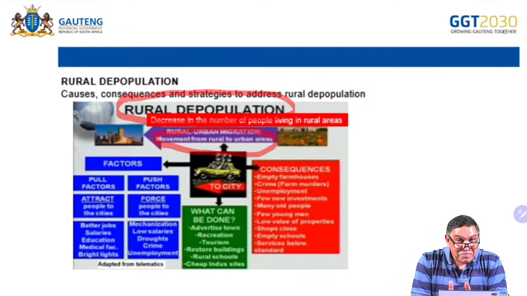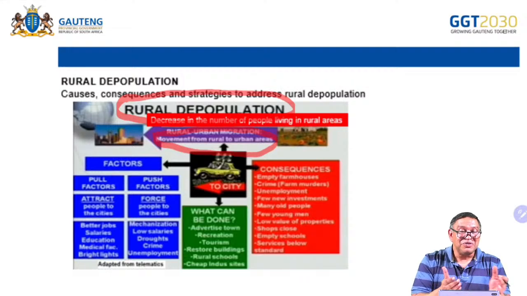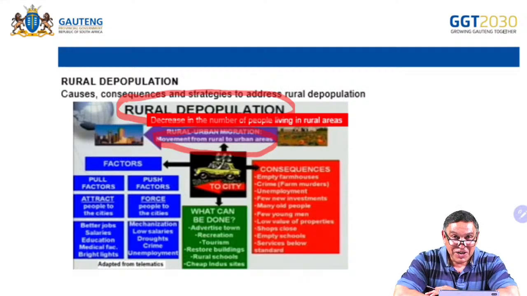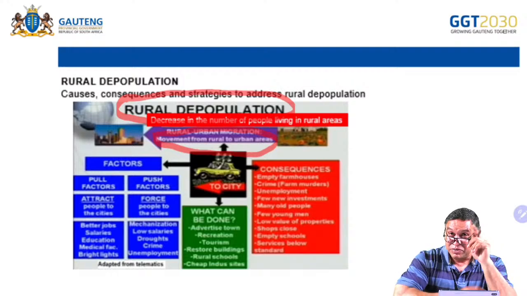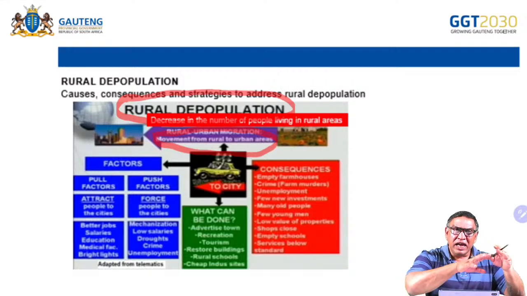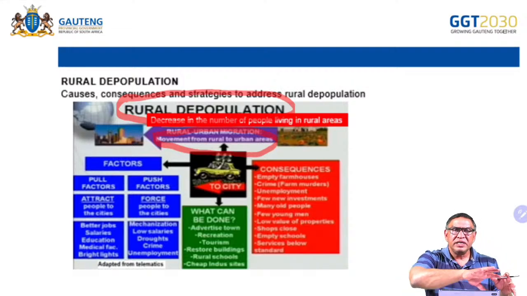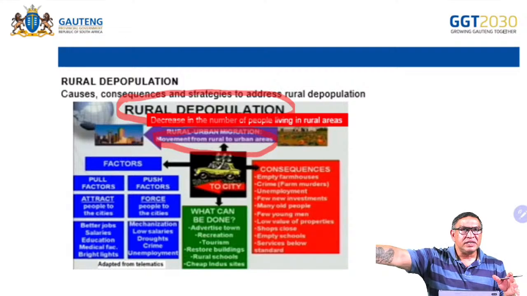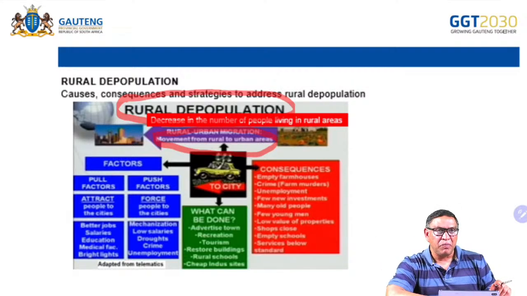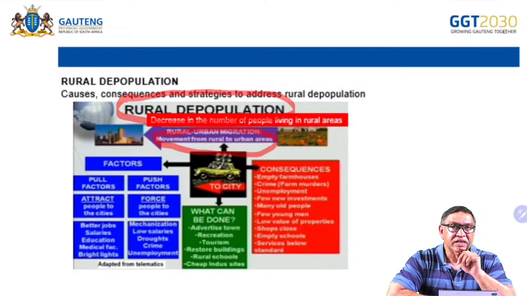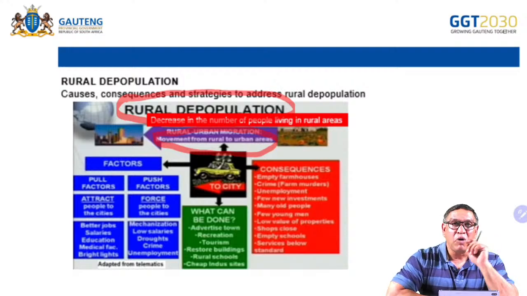They are not the same. And this is where you learn to have differentiation, all right? Differentiating between factors, because rural-urban migration, as people leave the rural areas and go to the urban areas, does decrease the population and it can result in rural depopulation.